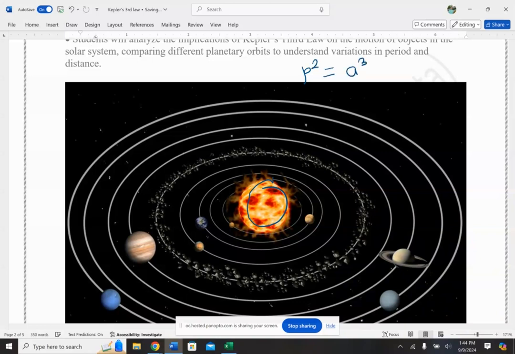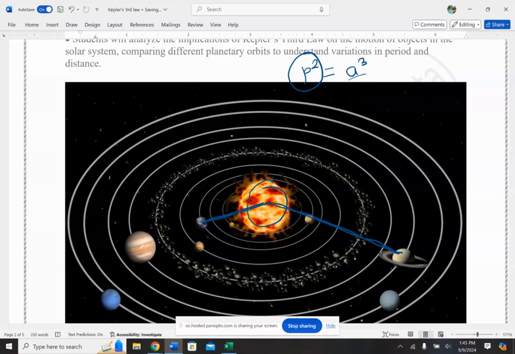So what does this mean? a is the average distance between the Sun and the planet. Now let's say this is the Earth and this is Saturn. The greater the distance, the greater the orbital period should be. P squared is equal to a cubed.